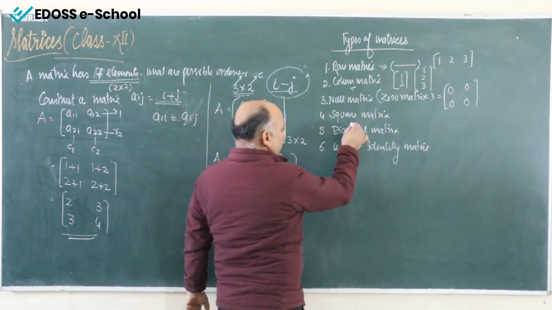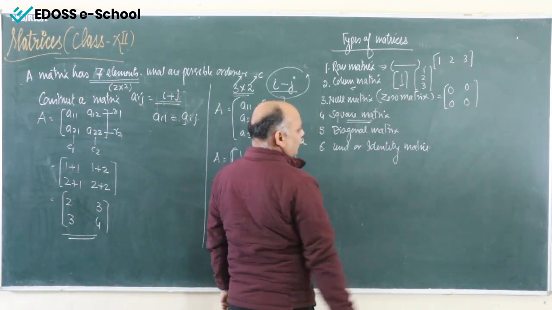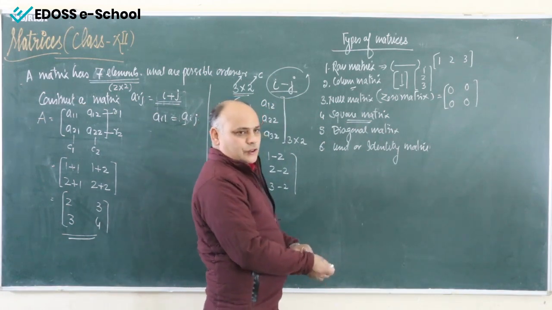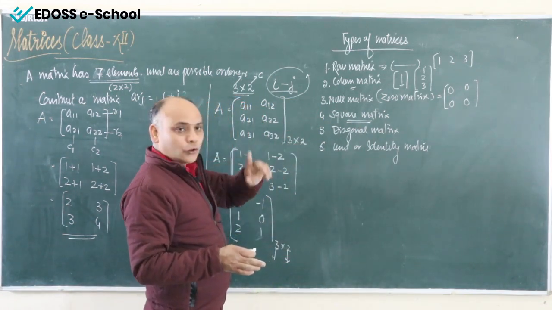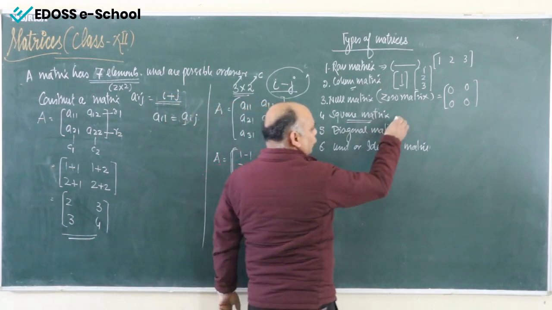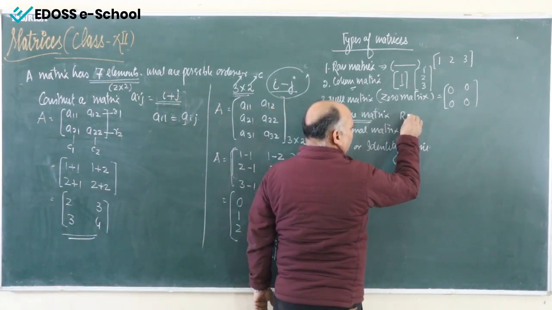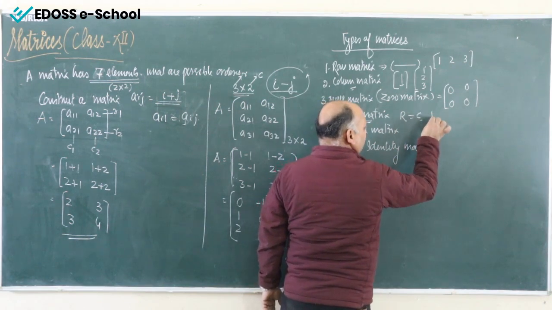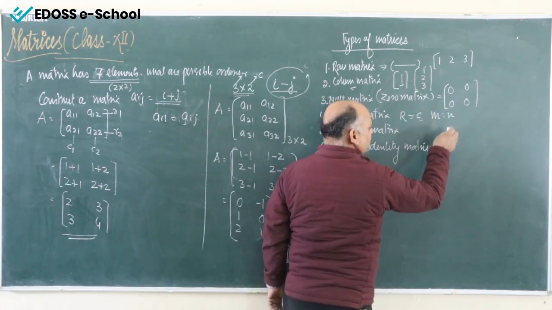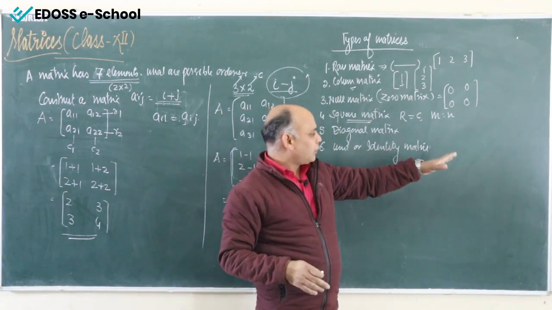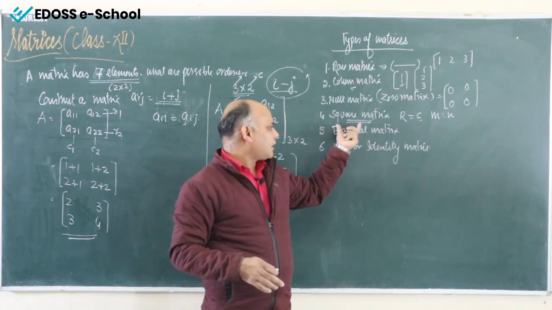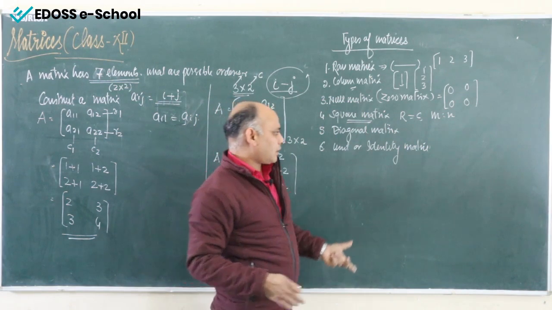Now, this one is a square matrix. What is the meaning of a square? A square is a two-dimensional figure having all sides equal. Means, if row is equal to column, R is equal to C, or you can say M is equal to N. Total number of rows and total number of columns are equal, then that matrix is known as a square matrix.